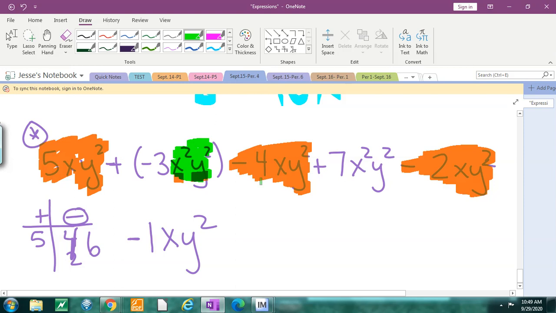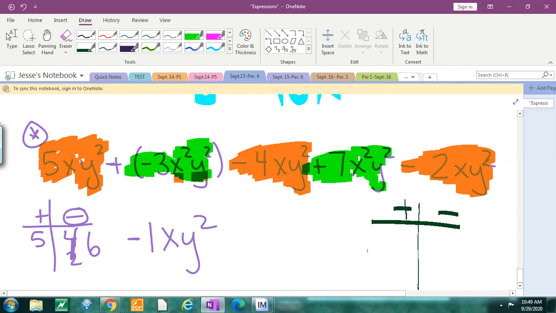All right, how about x squared, y squared? Where do we have x squared, y squared? Oh, right here. X squared, y squared. So +7 and a -3. So let's go ahead and do the t-chart. That's going to be 7x squared y squared and -3x squared y squared.